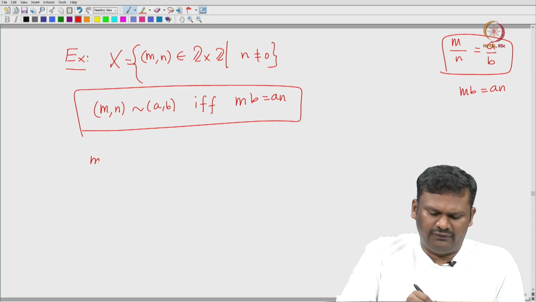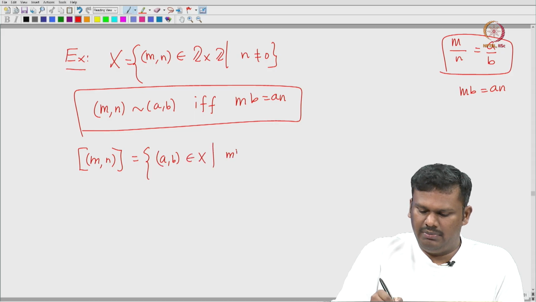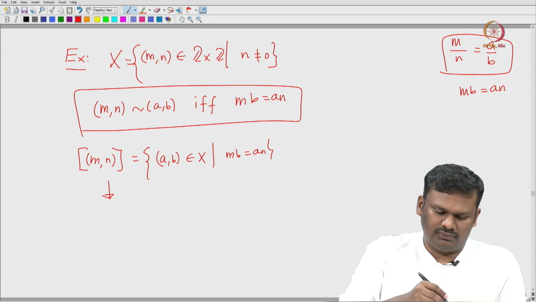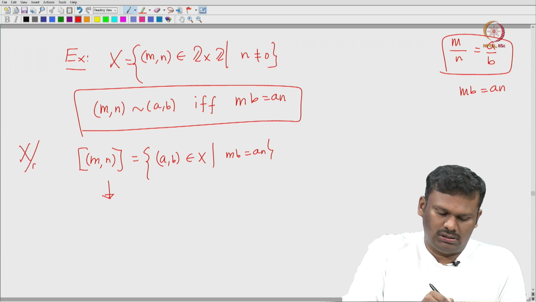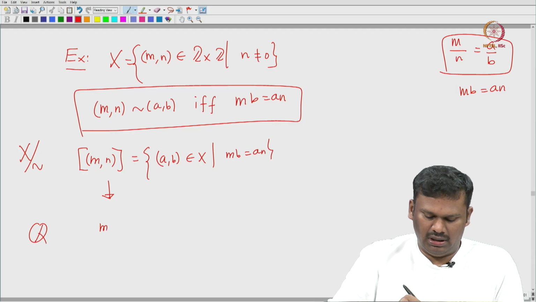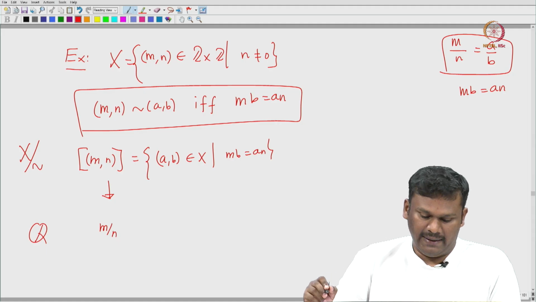Now, what will be the equivalence classes? If I fix some (m, n) and look at its equivalence class, you collect all possible (a, b) coming from X such that m b is the same as a n. If you think about it, this gives a mapping from the quotient set to the rational numbers Q, where the class of (m, n) goes to m by n.